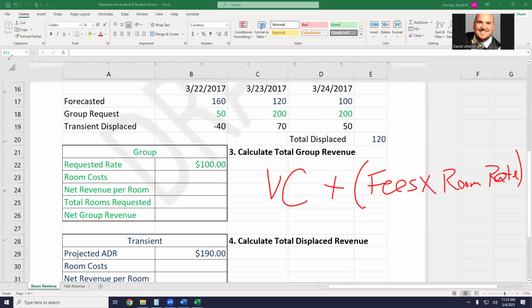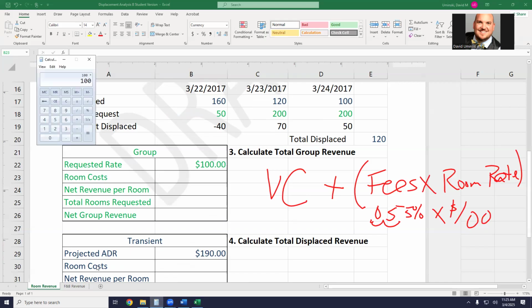In this case here, what is our room rate that we're requesting? $100, thank you. And what is our fees combined? 5.5%. So I move that decimal place over 2. So I'm gonna multiply 100 times 0.055 and get $5.50.